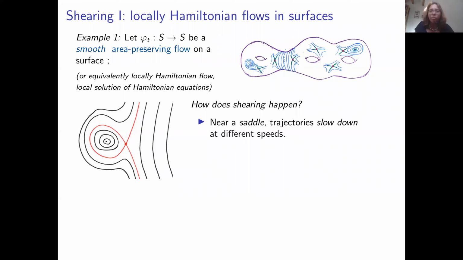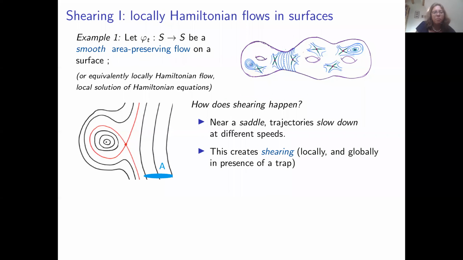I haven't defined the topology and the measure that I consider on this type of flows, but I claim that seeing these saddle loops is an open property. And this saddle is a Hamiltonian saddle. If you write down the Hamiltonian saddle, what you see is that if a point passes very close to the saddle, it slows down a lot.